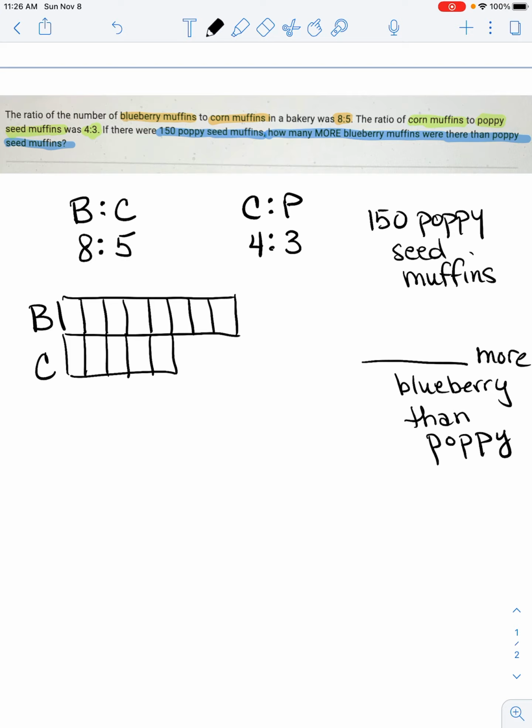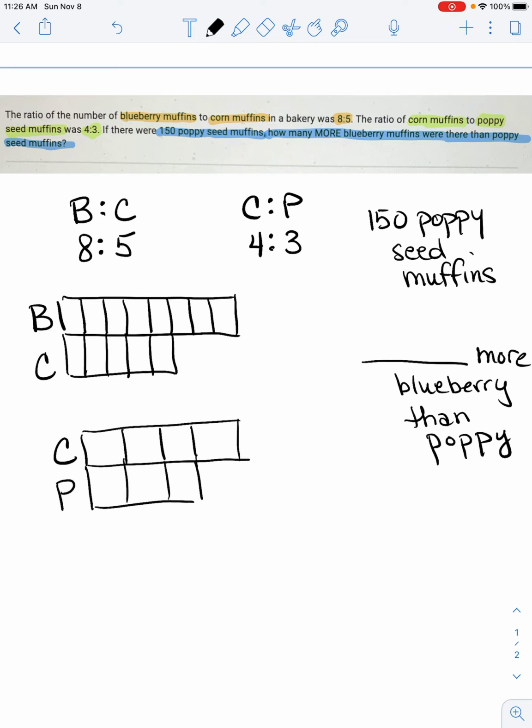muffins there are. So I'm going to have to do my other ratio, and I'm going to do corn, poppy, okay, and I have 4 to 3.